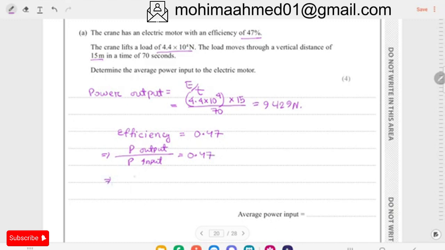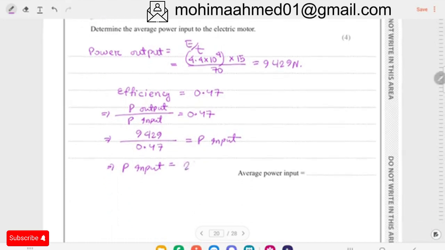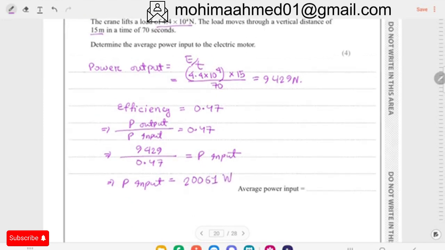Power output was this much you calculated, 9429 over 0.47 is equal to power input. So if you calculate it, you get 20061 watt, right? So that is almost a correct answer.